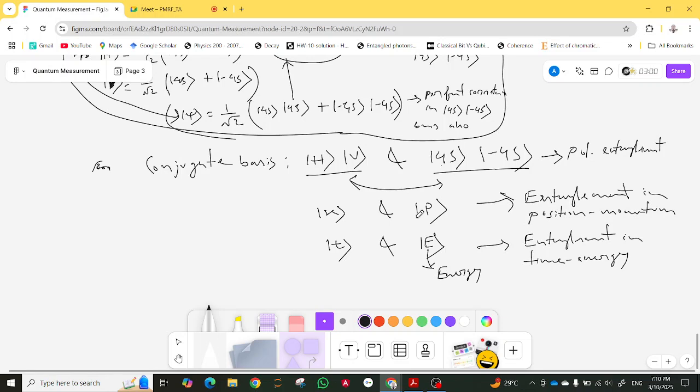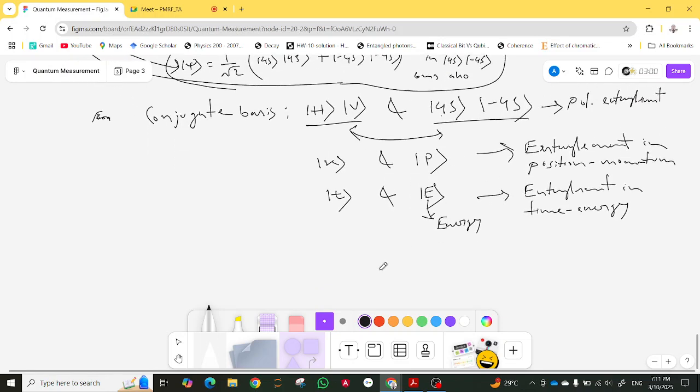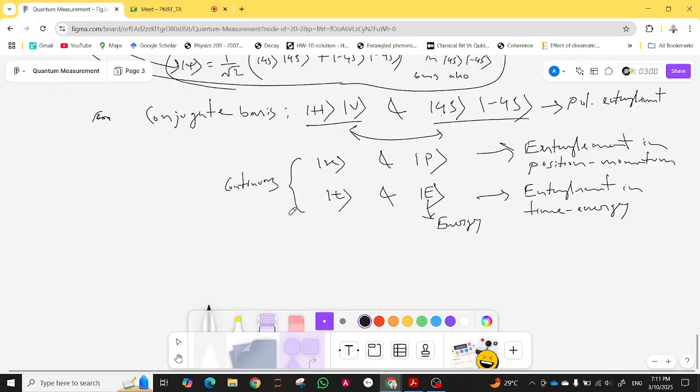And so you can have very many different kinds of entanglement, right? Position, momentum, time, energy, these are continuous variables. But you can have entanglement in discrete bases also, like H V and plus 45 minus 45. These are discrete bases, right?